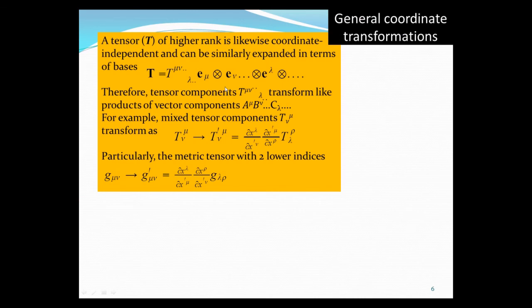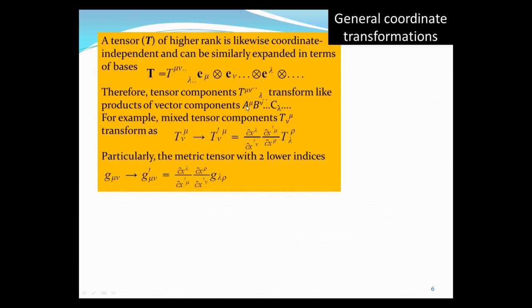Now we only talked about vectors, which are tensors of rank 1. For higher rank tensors, there are more indices, and you just expand the same way. But particularly, just remember that the components of a higher rank tensor have several indices.